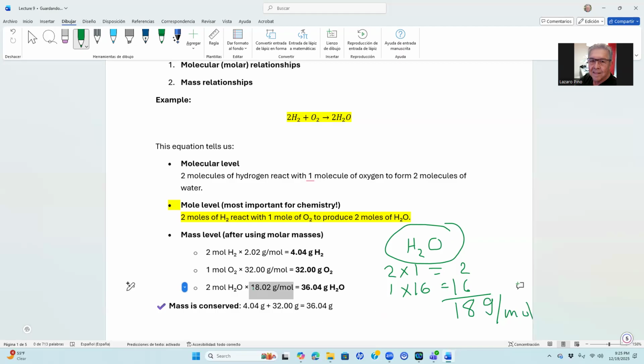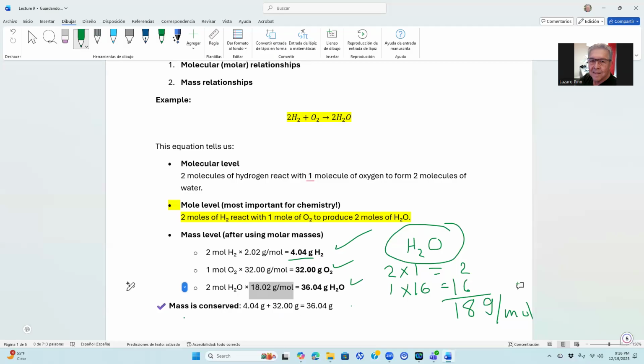Now, look at this. In this case, you have the mass of dihydrogen, the mass of dioxygen, and the mass of the water molecule.